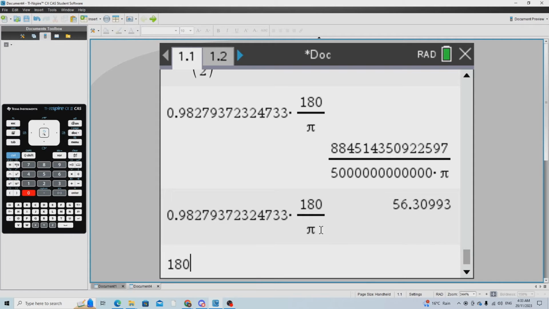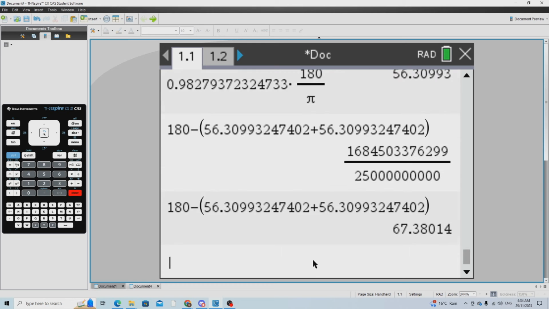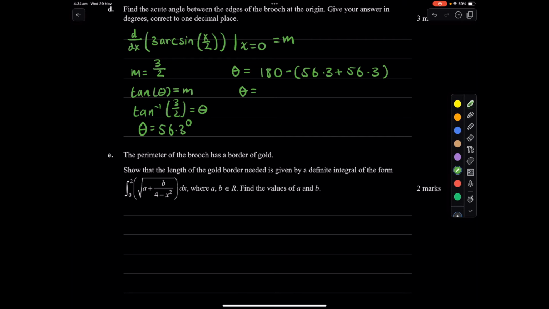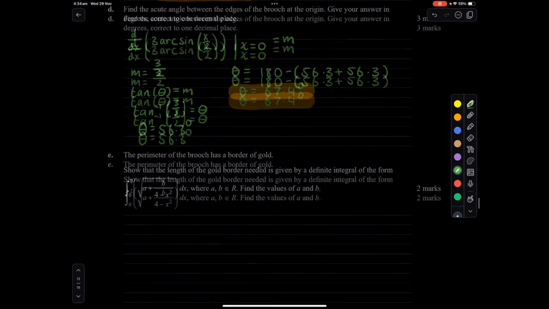So we're saying 180 minus this over here, plus another one, enter, and we get 67.38. So correct to one decimal place, that's 67.4 degrees. That's it. Nice and easy. That's all they ask.